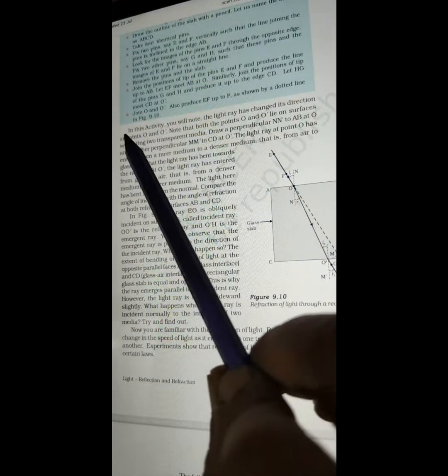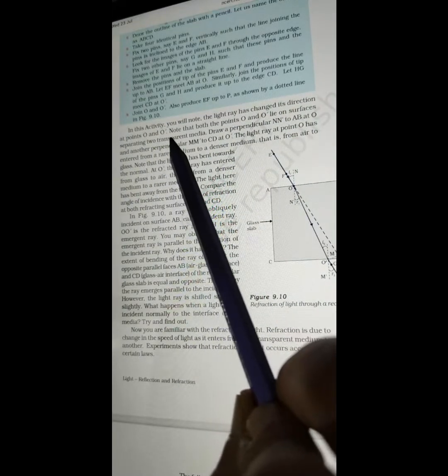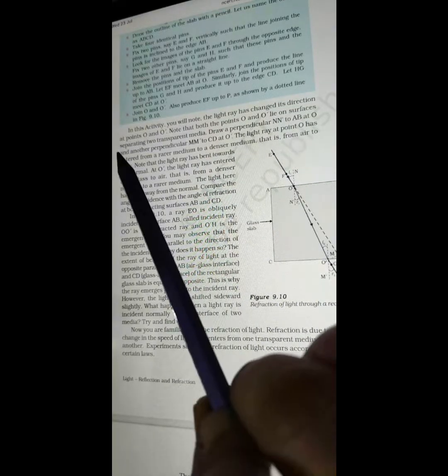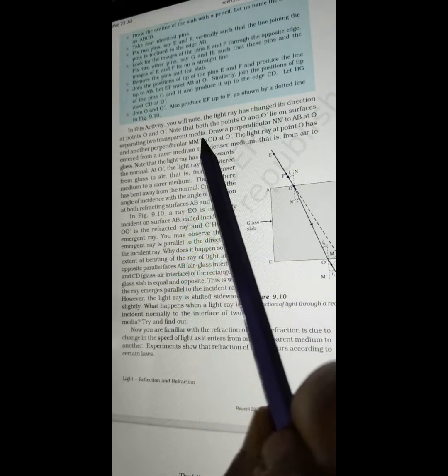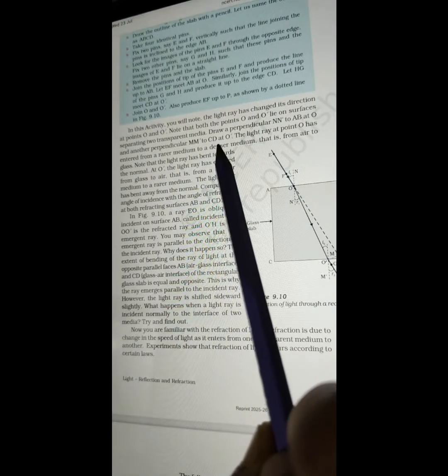In this activity, you will note the light ray has changed its direction at points O and O dash. Note that both the points O and O dash lie on surfaces separating two transparent media. Draw a perpendicular N dash to AB at O and another perpendicular M dash to CD at O dash.